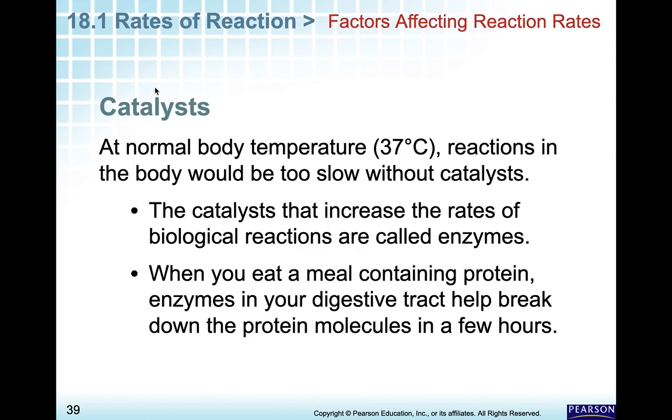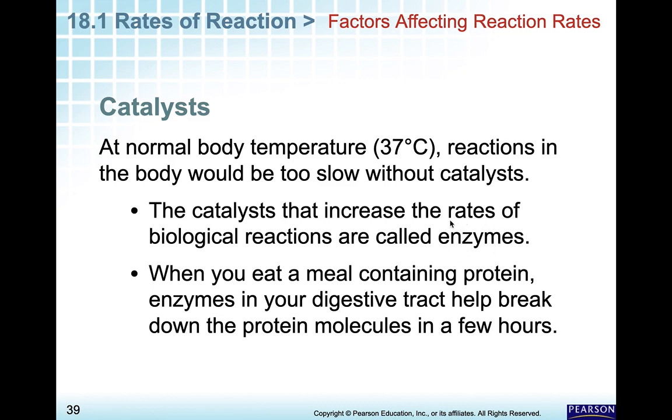These are really helpful to us as humans as well, because a lot of our body processes are chemical reactions, and at our existing body temperature, these reactions would take place at very slow rates. Luckily, we have natural catalysts in our bodies to help speed them up. When we're talking about biological catalysts, we call them enzymes.